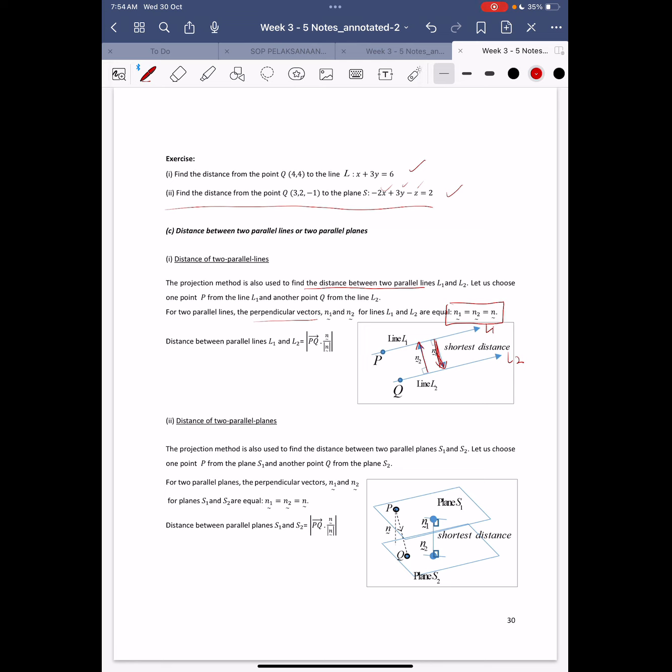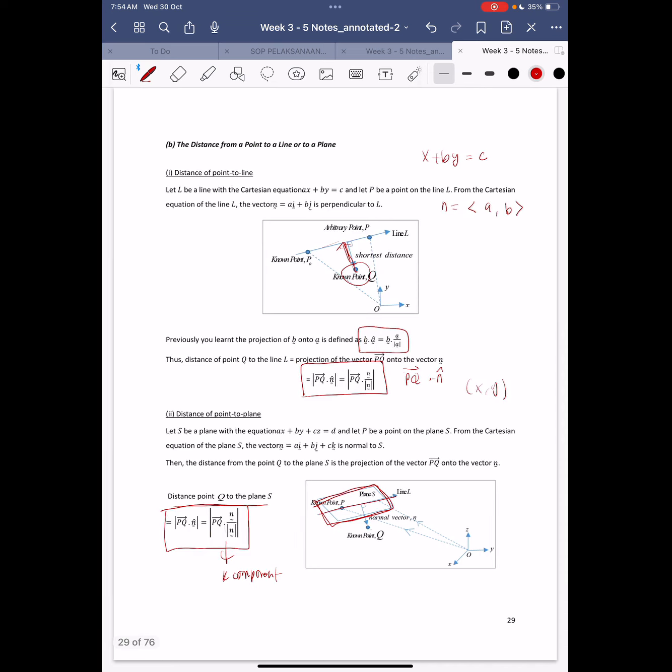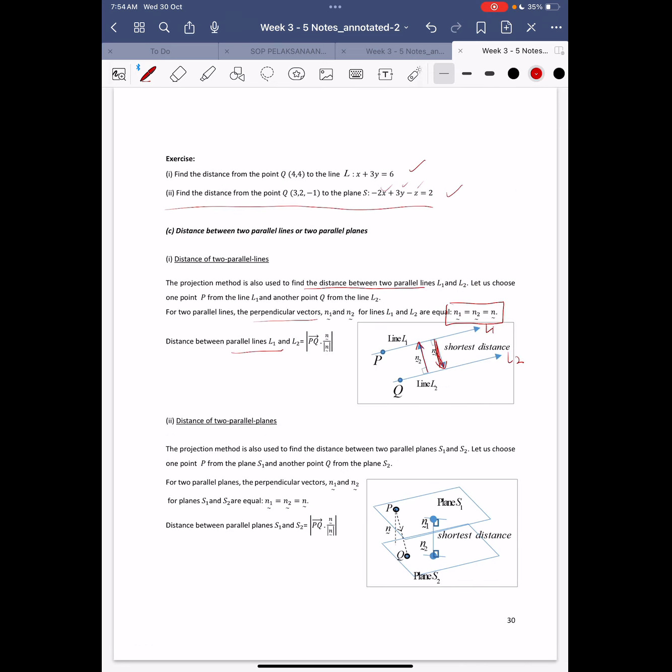The distance between parallel lines L1 and L2 is given by the same formula as this, where vector PQ is dotted with any of these normal vectors. You can pick either N1 or N2, because they will give the same answer, because the normal line will be the same.